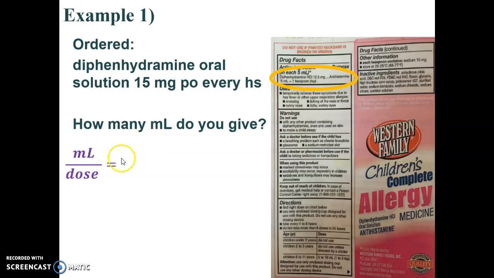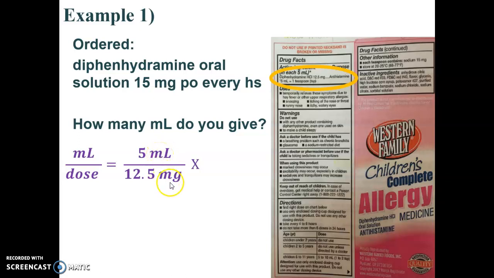Okay, so milliliter per dose, we said our first fraction needs to have milliliters at the top, right? And that's going to come from your label, almost always. So our label tells us that 5 milliliters has 12.5 milligrams. Okay, so let's stack that in there. Because we have milliliters here, that means our first fraction needs to have milliliters at the top.